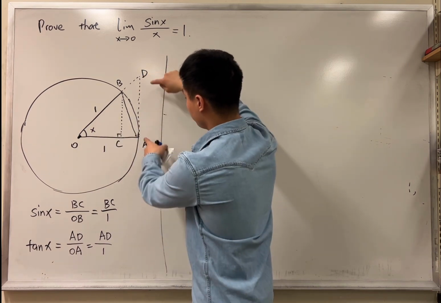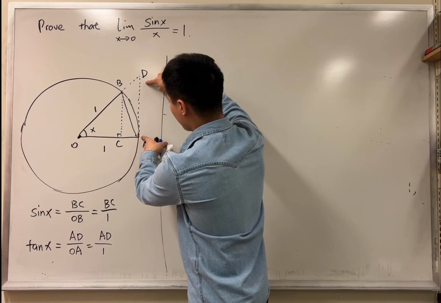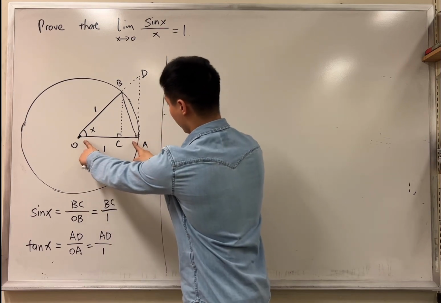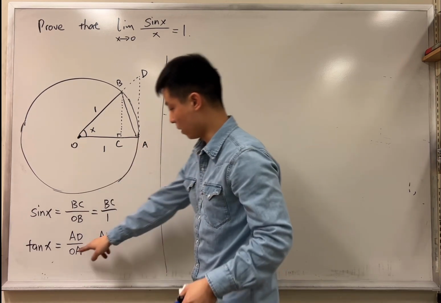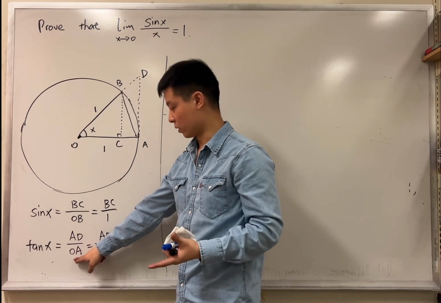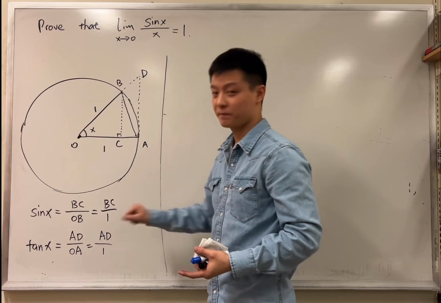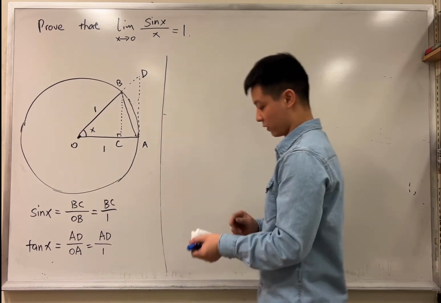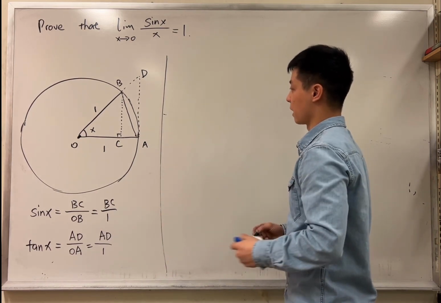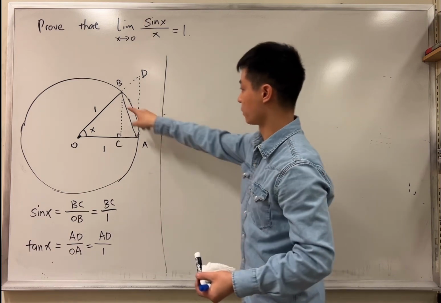That's going to be the opposite side AD over the adjacent side OA. And because we know OA is the radius of the circle, which equals 1, we have tangent of x equals exactly AD.